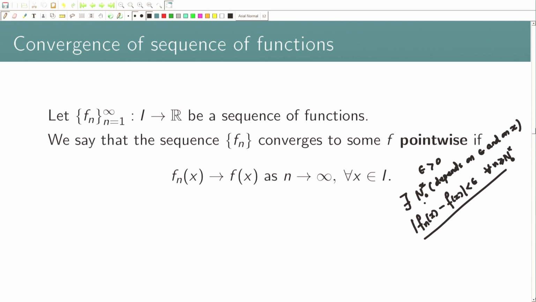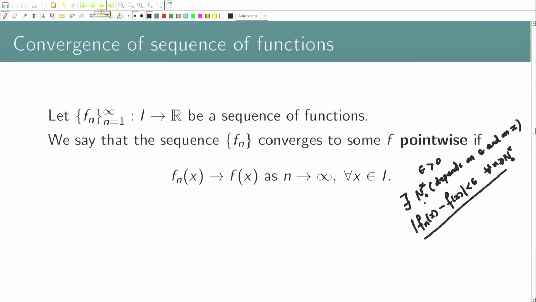Now, what kind of property of the functions is preserved under this convergence? The most natural thing to ask is: if we are dealing with a sequence of continuous functions, and it converges to another function f of x, is it true that f is going to be a continuous function?